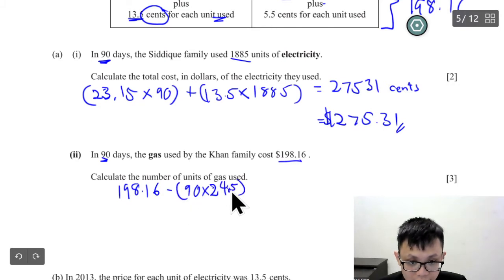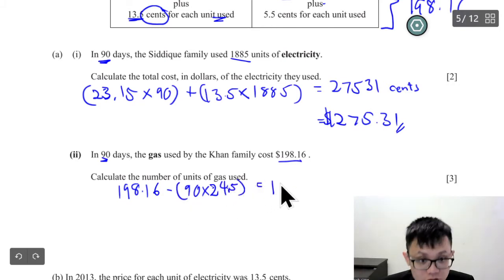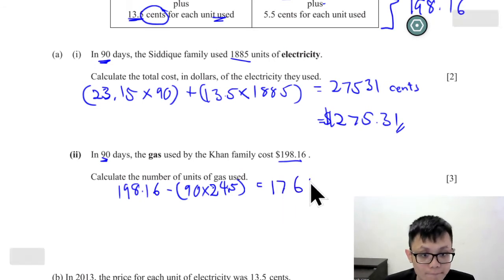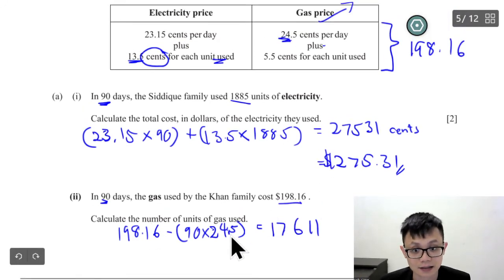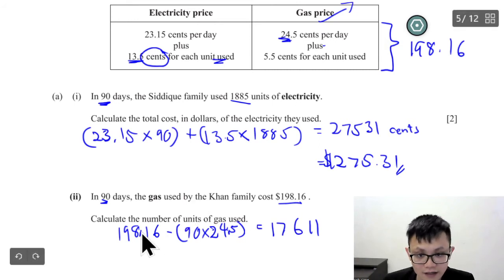So we will get 17611. This one is cents, so I shouldn't write a dot here. It's 17611 cents.